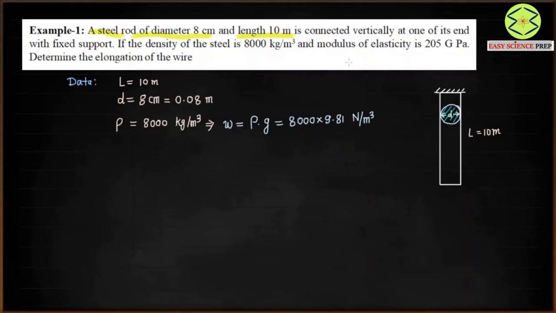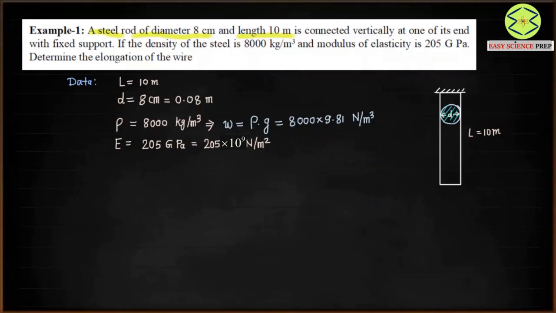Then they have given the modulus of elasticity, that is Young's modulus, as 205 GPa, gigapascal. So that is going to be 205 into 10 raised to 9 newtons per meter square. I am following all SI units here. We can change the unit according to our requirements, and we can easily convert all data into SI units. So I have converted everything into SI units.